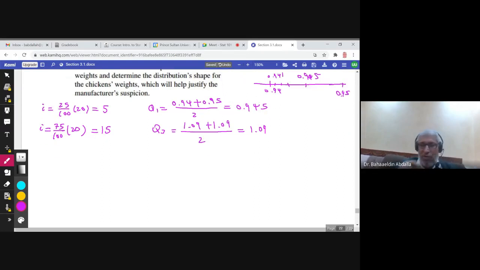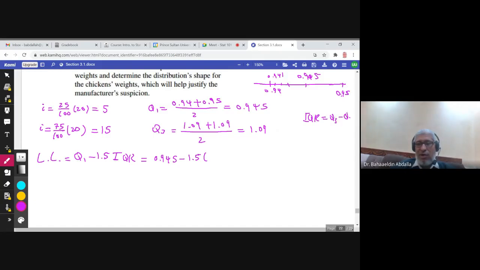Okay, so next I find the lower limit and the upper limit. The lower limit, by definition, is Q1 minus 1.5 times IQR. Q1 is 0.945 and IQR is Q3 minus Q1.